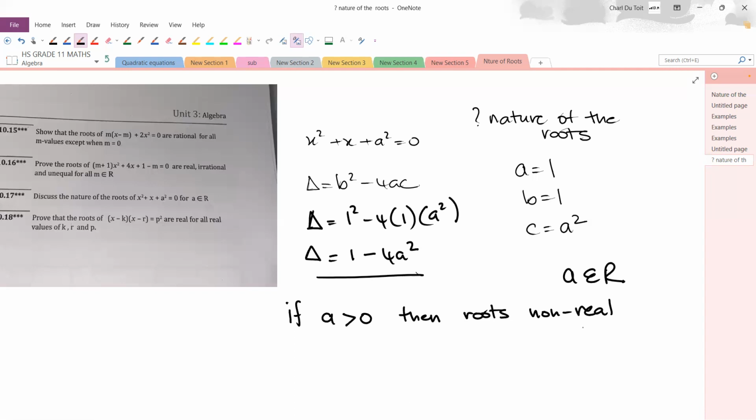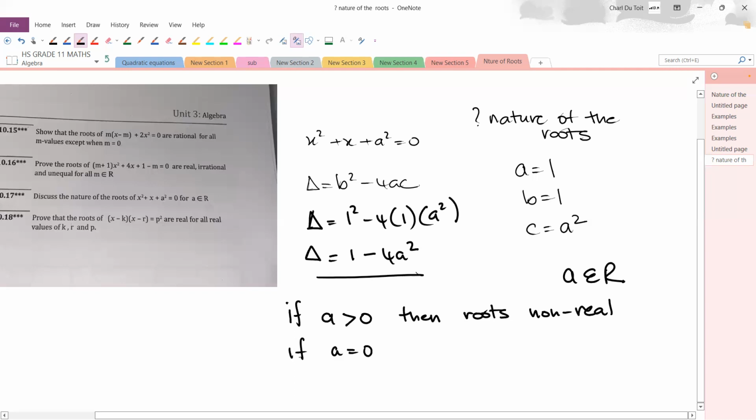Then I do 1 minus 4, and that's a negative value. But if a equals 0, then the roots are real and rational, because if I put 0 in a's place, I get 1 as an answer. 1 has a root and it's positive.